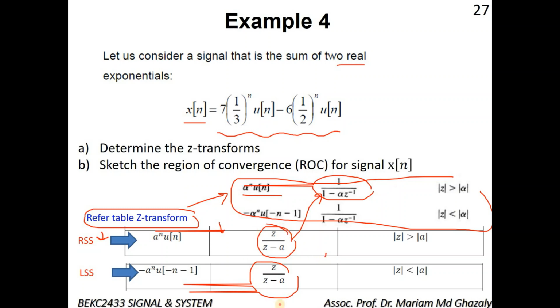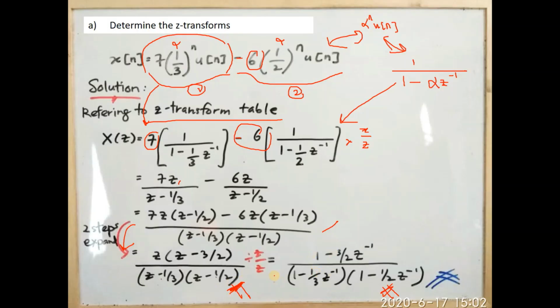Either you leave it with the Z value, Z over Z minus alpha, or 1 over 1 minus alpha Z to the power of minus 1. If I refer to the same equation here, I divide by Z over Z, then rearrange it, and I get this final equation. So this is how you find the Z transform.